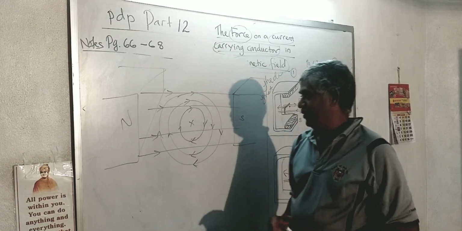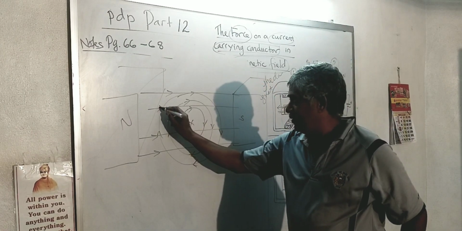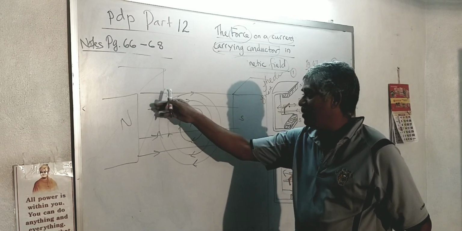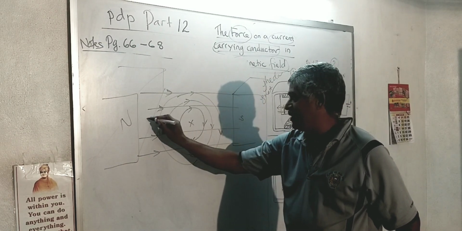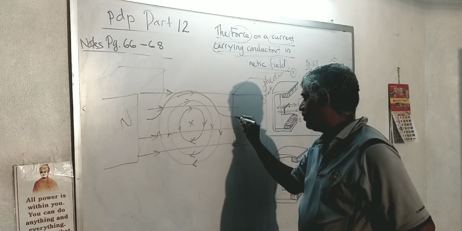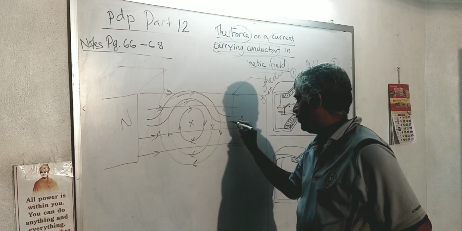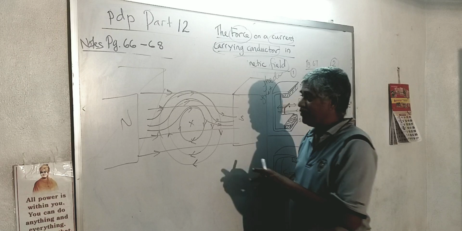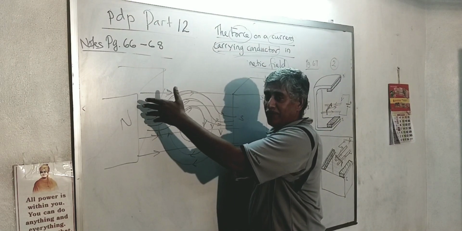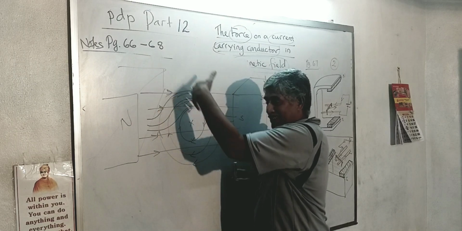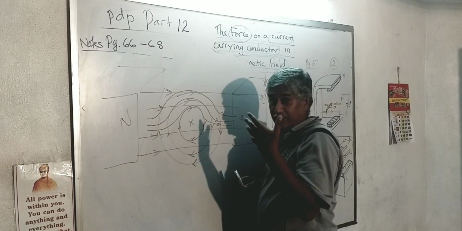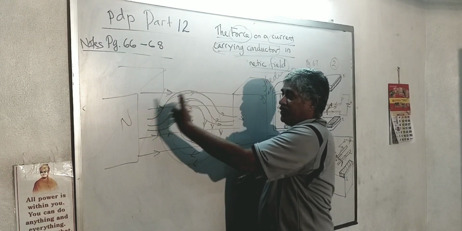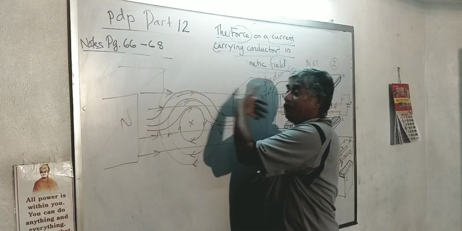As you can see here, the direction of the field from the permanent magnet and the direction of the field from the current carrying conductor are both in the same direction. That means more forces. Let's say 3 lines of force here and 3 lines here, so you have 6 lines of force moving in the same direction.